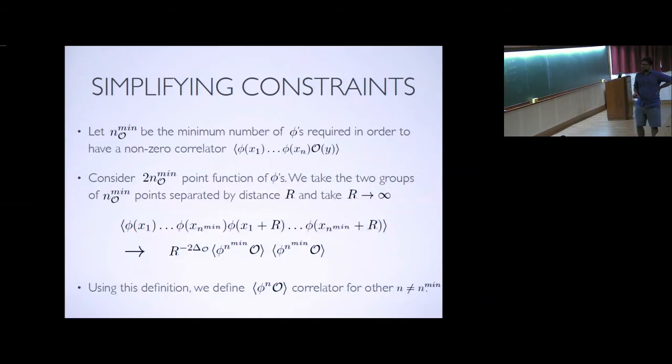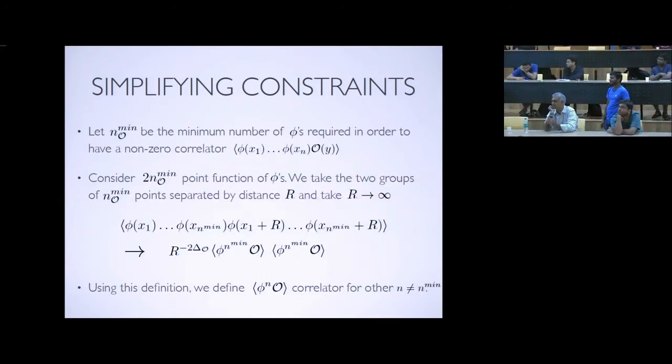Okay. Yes. Yeah, descendants can come and interfere with this. And so then you're saying this operator can mix with them? Or? Yeah, a priori it could mix, or it would be difficult to unentangle this piece from the descendant piece.